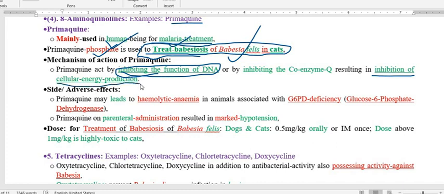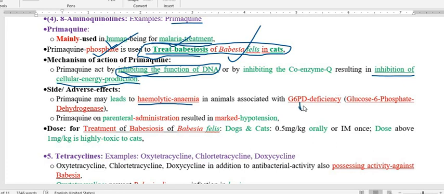It inhibits the function of the DNA of the susceptible parasite or protozoa, and it also affects the mitochondrial energy system, and therefore influences ATP generation, and will kill the Babesia.